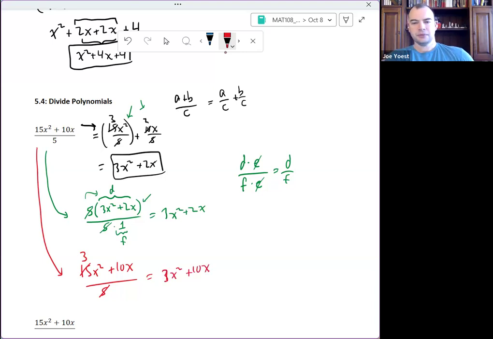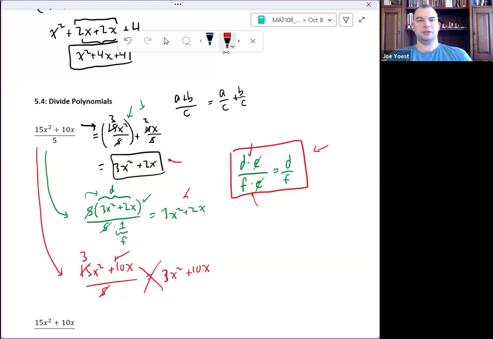Right? We see that does not get us the same answer. It does not get us the right answer. I don't have a property anywhere that says I'm allowed to do this. I have a property that says I'm allowed to do this, but importantly, there are timeses in both the numerator and denominator. My numerator in this property doesn't look like something times something plus something else times something else.